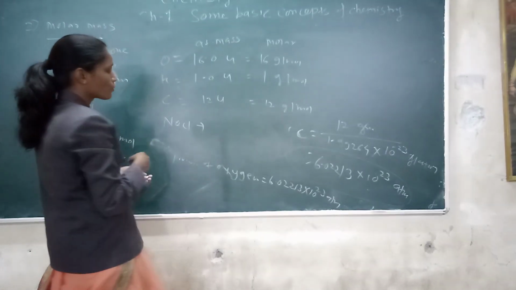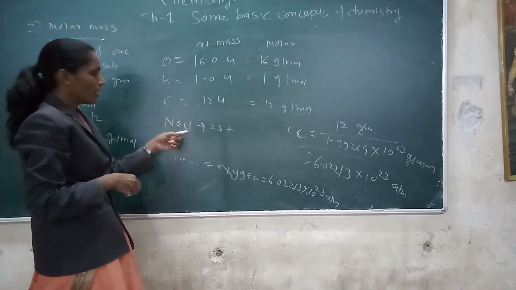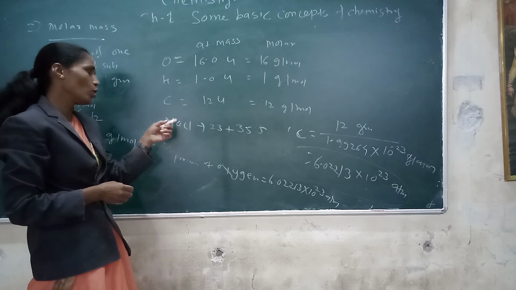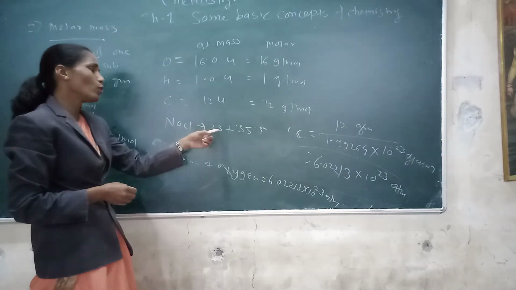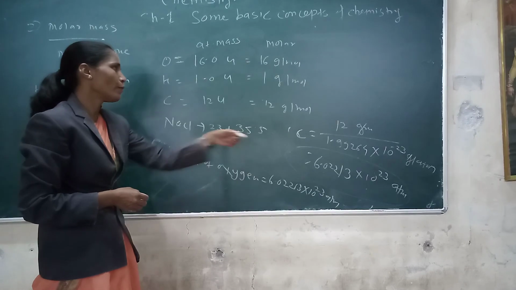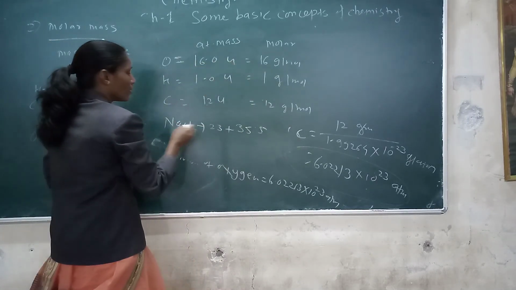Also NaCl shows molar mass. Sodium shows 23 plus Cl 35.5, addition of their molar masses. Sodium shows atomic mass 23 plus 35.5, means atomic and molar mass are the same.